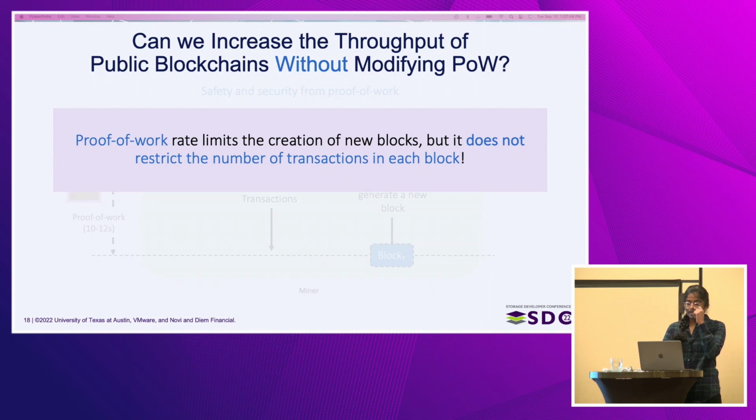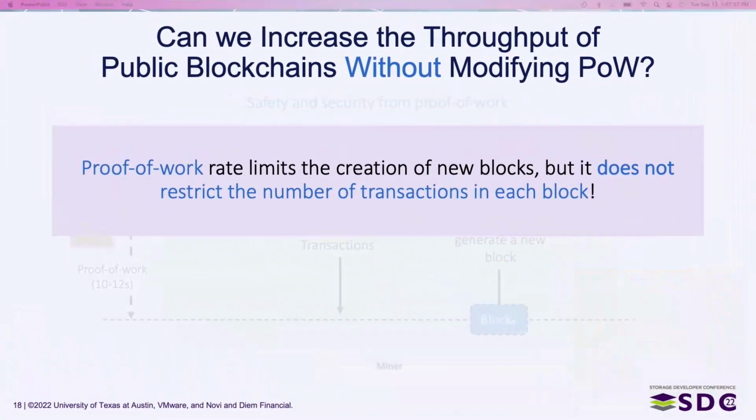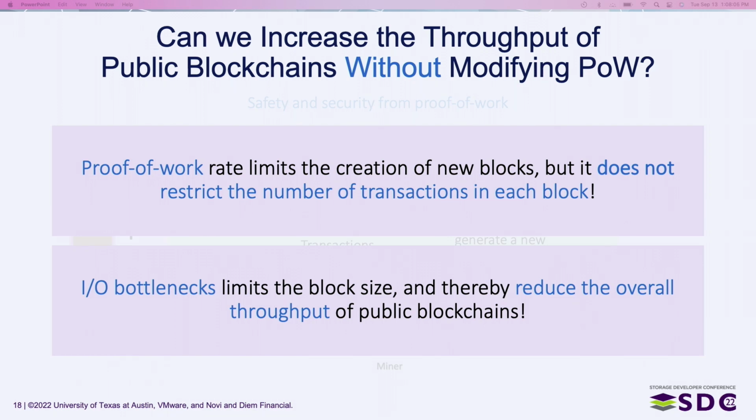So from our analysis, we see that it's not proof of work consensus that limits the number of transactions in a block. It only rate limits the number of blocks that can be generated per unit time. And our analysis highlights that it is the I/O bottlenecks that limit the block size and thereby reduce the overall throughput in public blockchains.